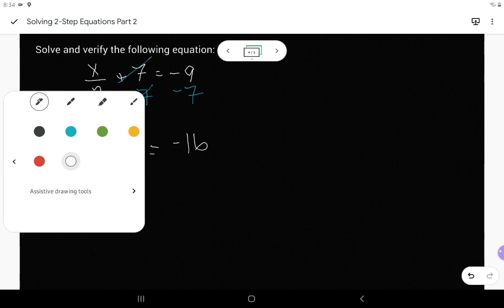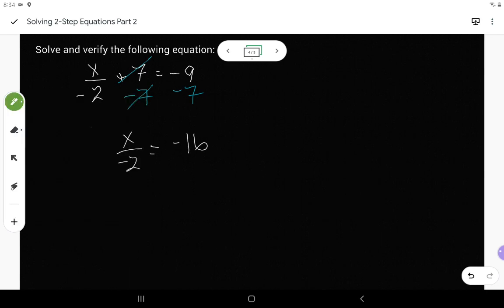Okay? Now I'm going to multiply both sides by negative 2. I might forget to multiply both sides by negative 2 if that negative sign had been sitting up in the top next to x. That's why I moved the negative sign down so that it was part of that divisor, or the denominator.